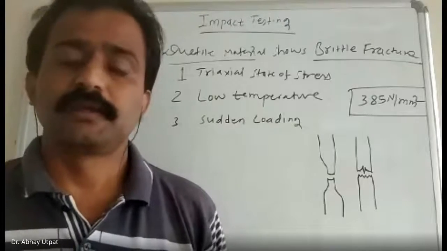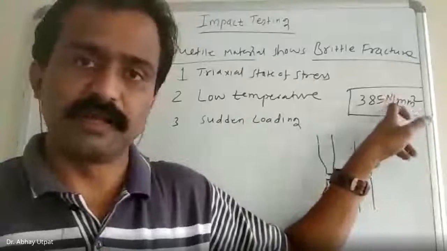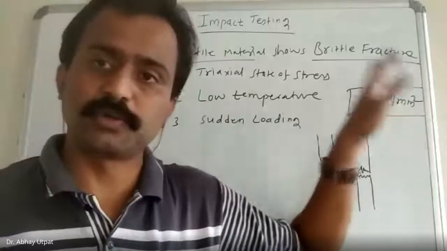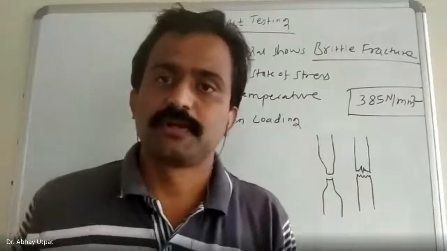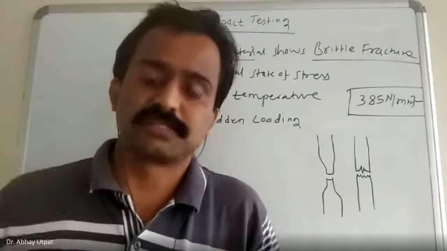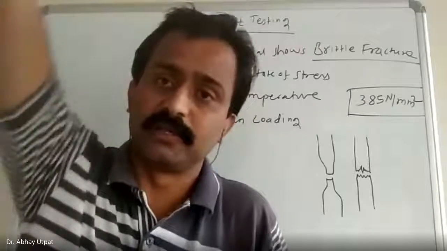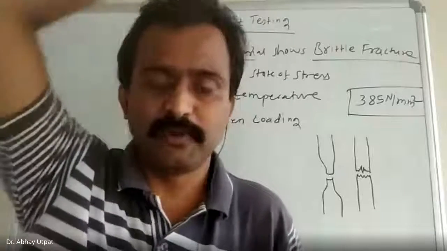That's why, in one way, your step number 1 is over. If you have calculated a 385 Newton per millimeter square value, it means your design is not over. You have to check the values for other conditions also. And then finally, at the end, you should declare that this is the ultimate value.